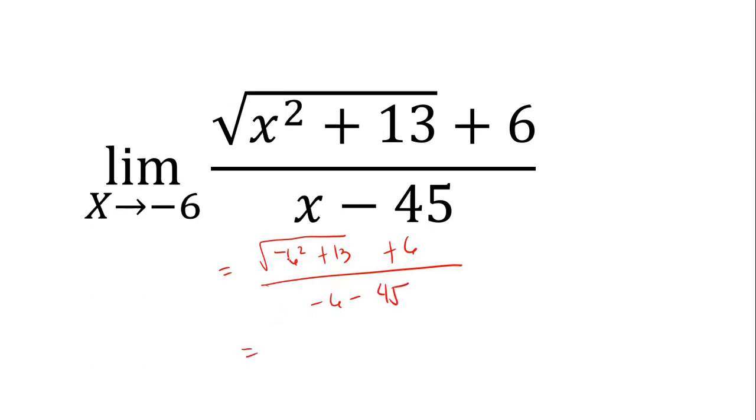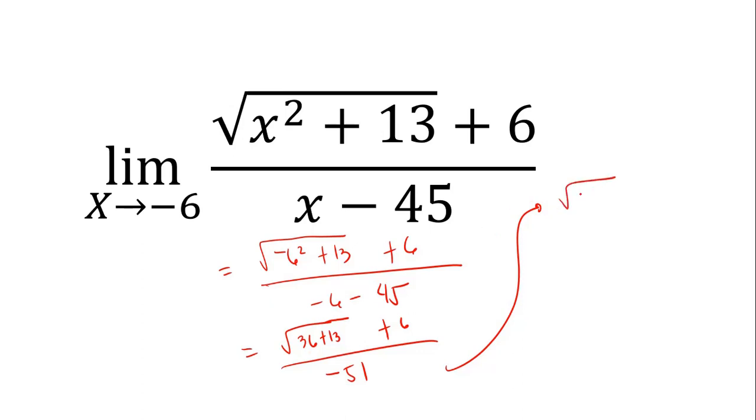So this is the square root of 36 plus 13, plus 6, over negative 51. 36 plus 13 is 49, plus 6, all over negative 51.